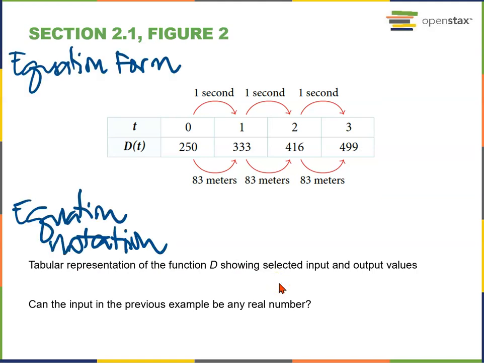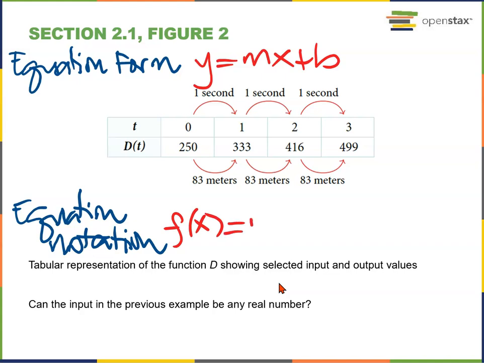Representing a linear function in function notation. In equation form, you can write y equals mx plus b. And in function notation, that is f of x equals mx plus b.